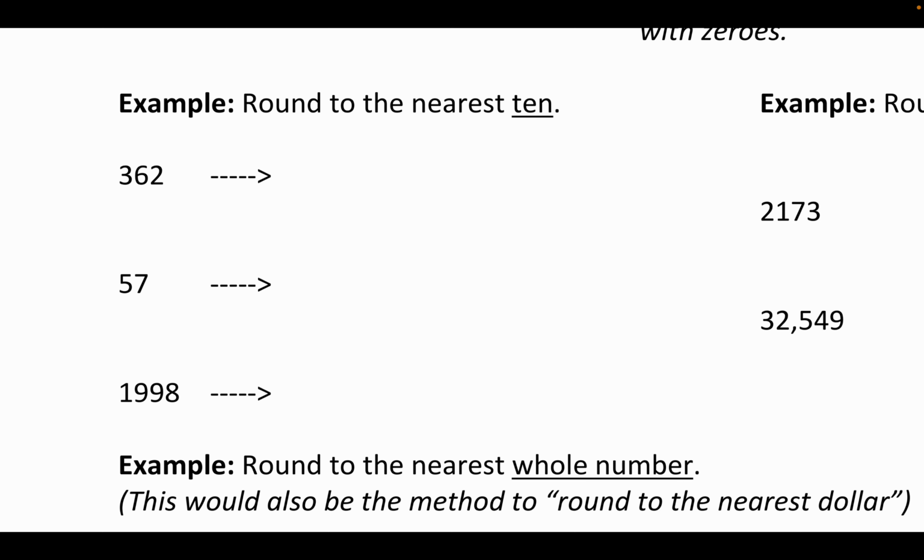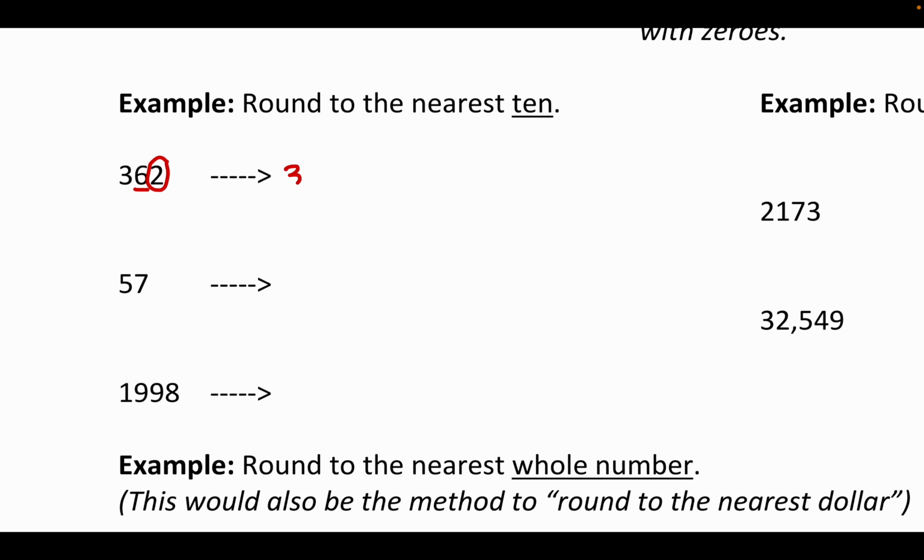If we follow our 2 steps, we identify the digit that we're looking to round. The 6 is in the tens place here, and the digit directly to the right of it tells us what to do with it. So our 2 tells us what to do with that 6. Because our 2 is less than 5, that indicates the round down scenario, but we don't really round down, we leave it the same.